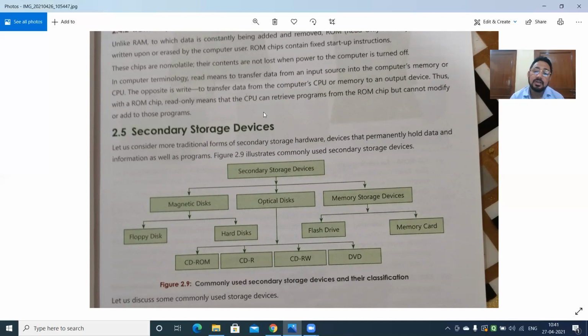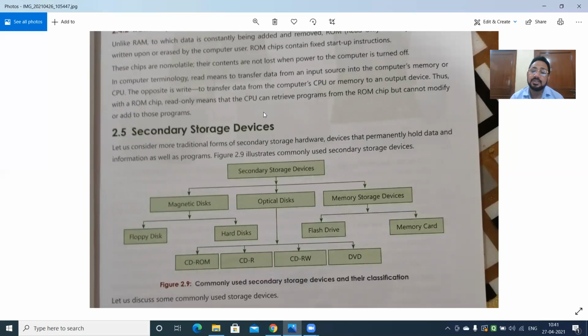Next is the optical disc explanation. Again, I think the book has it, and I will explain it more. Optical discs are CD-ROM, compact disc read-only memory, CD-R, compact disc recordable, CD-RW, compact disc rewritable, and DVD, digital versatile disc.